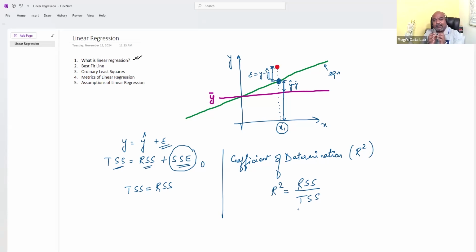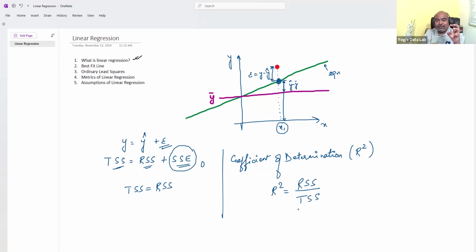It means out of the total variation, how much I have been able to explain is my RSS. It's just the same way as if I have given an exam of 100 marks and I've scored 80%, it means I've been able to answer 80% of the questions correctly out of the 100 marks question paper.